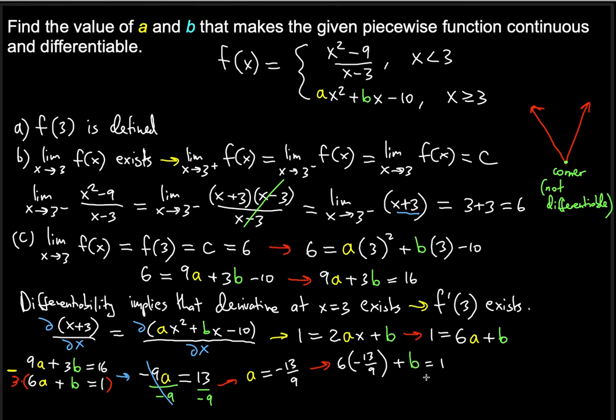So now what is that going to be? That's going to be negative 78 over 9. So you're going to subtract negative 78 on both sides, and that will give you the b value.